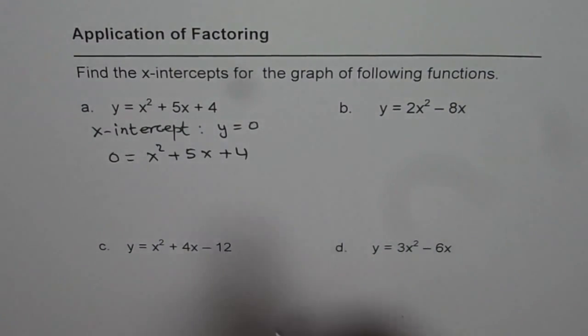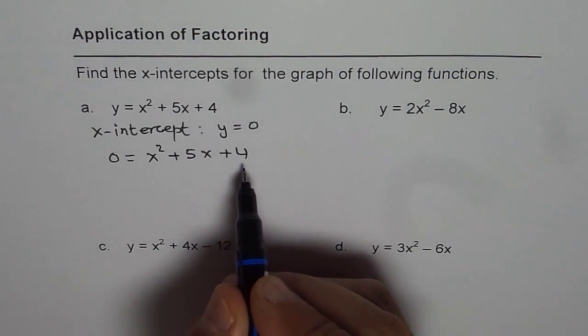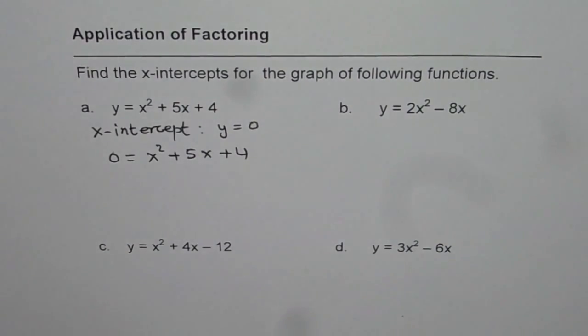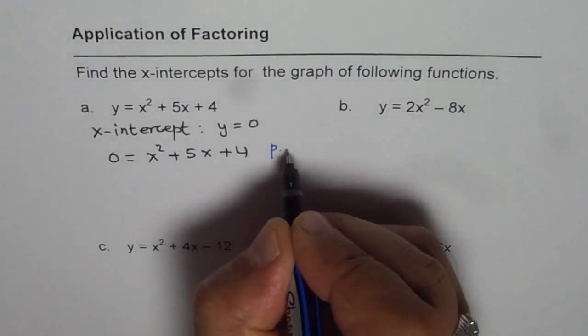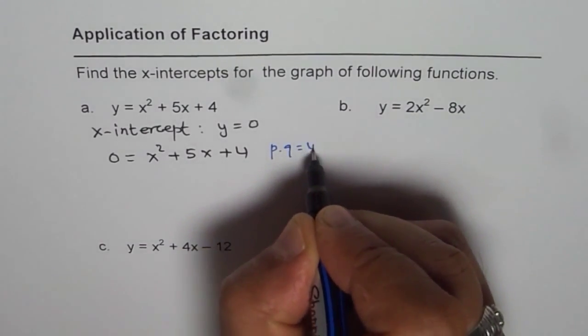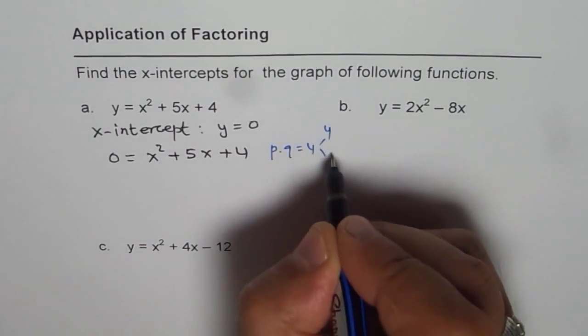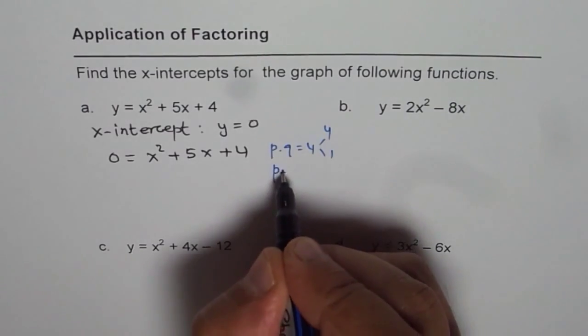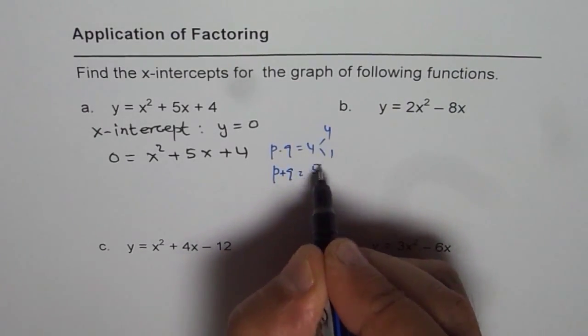That should help. Now in this case, to factor, what do we need? We need the product of two numbers as 4 and the sum as 5. So what could the two numbers be? Let's figure out. The product is 4, so the two numbers could be 4 and 1. When you add them up, 4 plus 1 is 5.